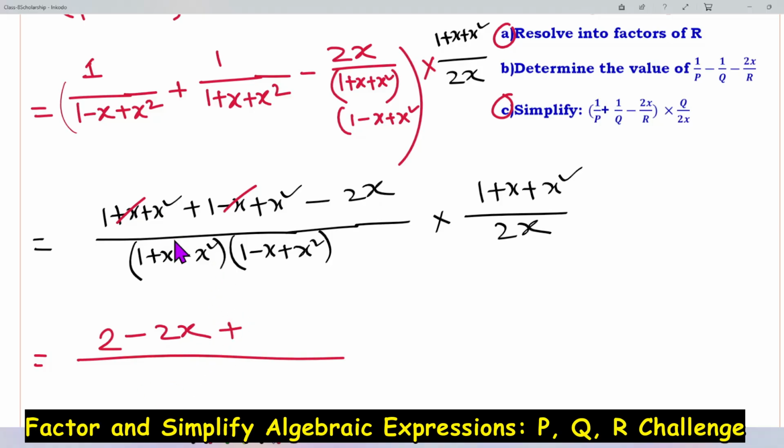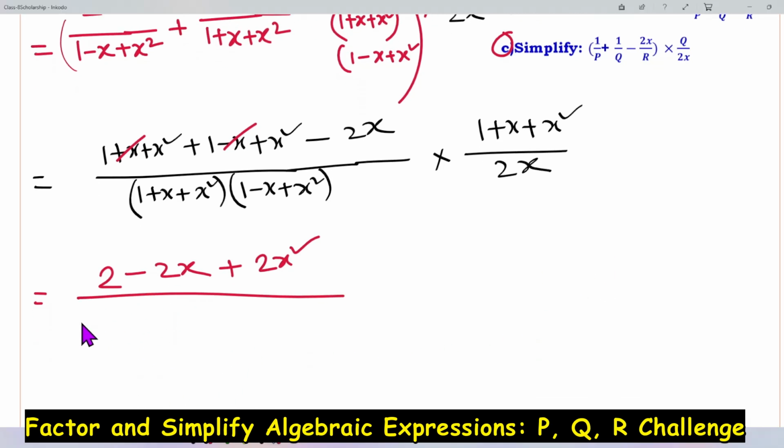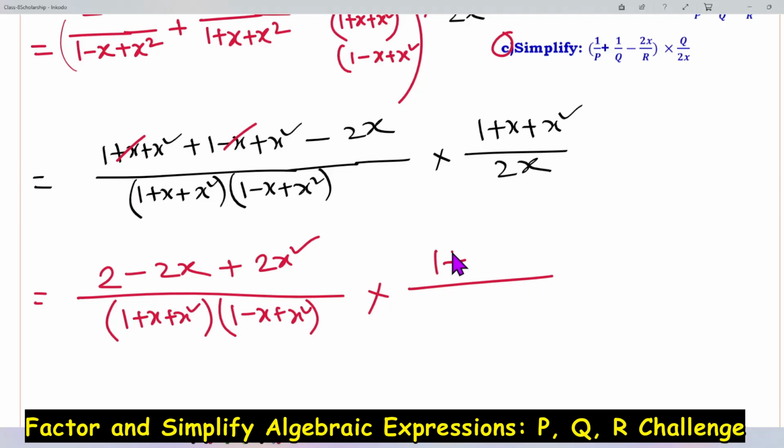Then plus x square, it will be 2x square, right? Then here is 1 plus x square times 1 minus x plus x square times 1 plus x square divide 2x.